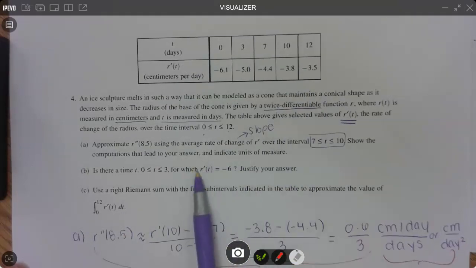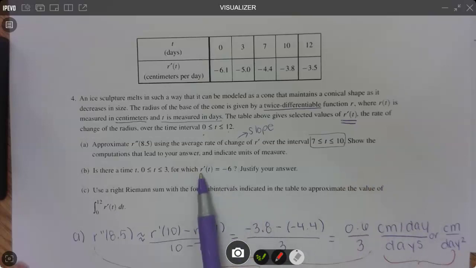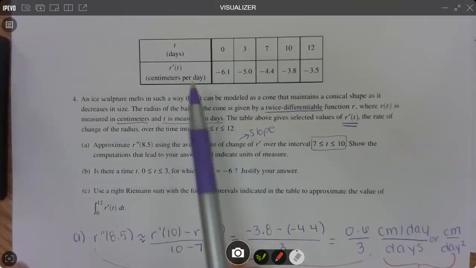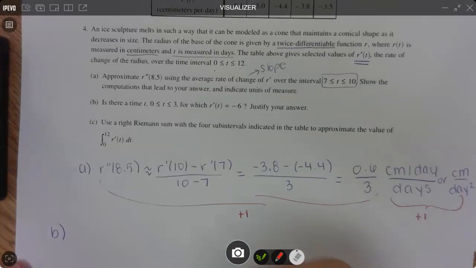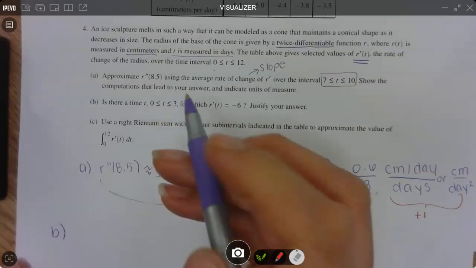So I know a lot of times we say, oh, if they give you a derivative, then you are doing MVT. Well, in this case, they gave you a derivative, but the derivative was our original function. So this is IVT. So is there a time from 0 to 3?